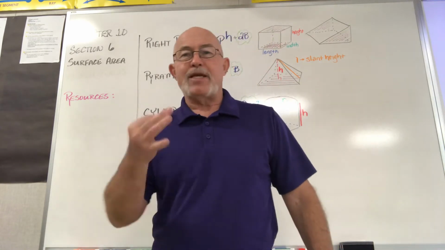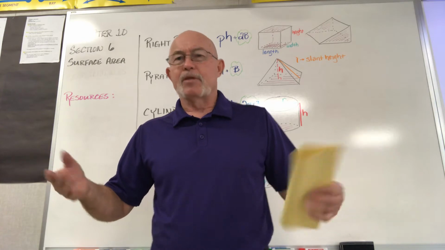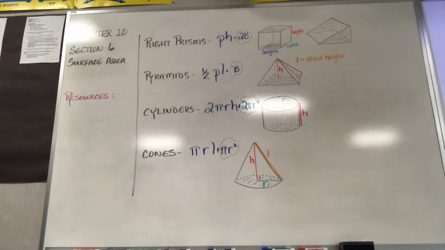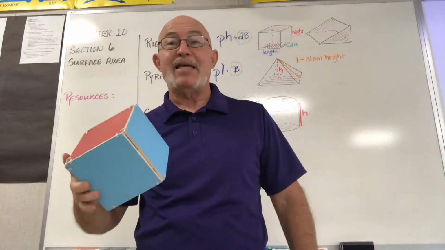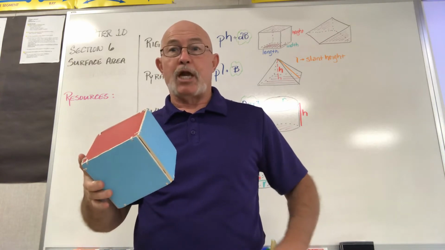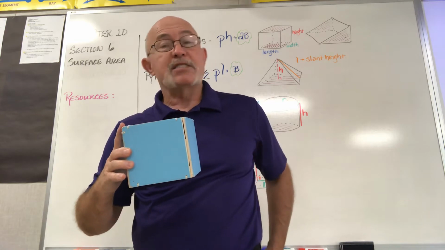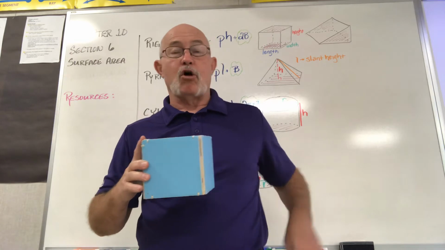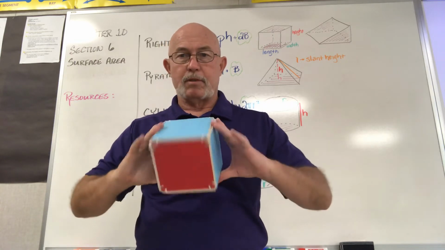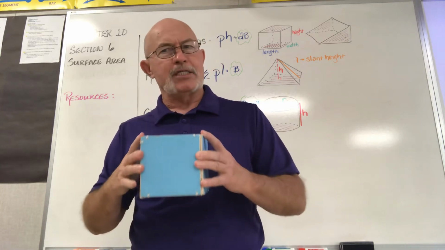Understand that a three-dimensional solid is what we deal with all the time. A cube is probably the most basic of three-dimensional objects. It's got length, it's got width, it's got height. On a cube, everything is a square, very easy to deal with.